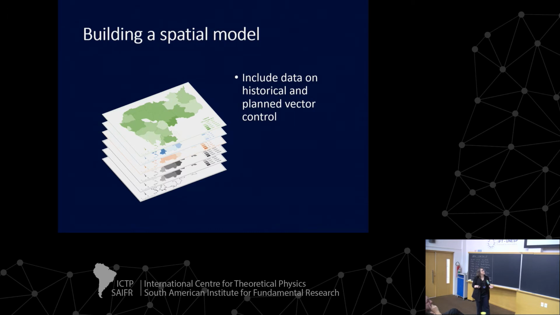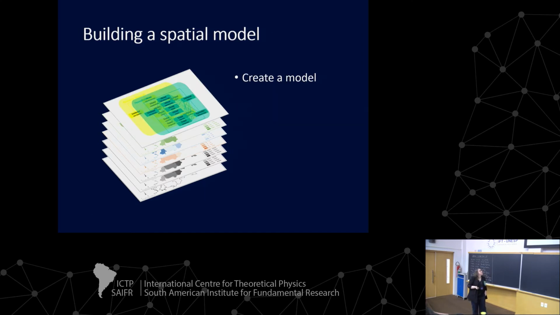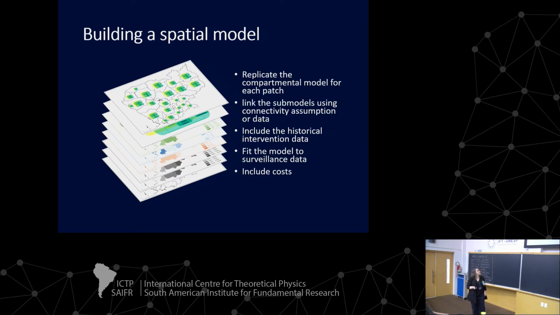Same for vector control. This is mainly in the form of distribution of bed nets. How many people are sleeping under a bed net? How long do the bed nets last? How often are they distributed? And then we've got our model already that we discussed earlier. Then we replicate it and wire it up in the same way that I think a lot of people have been doing.